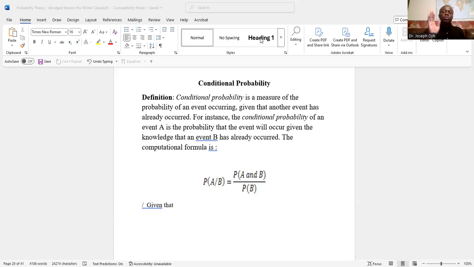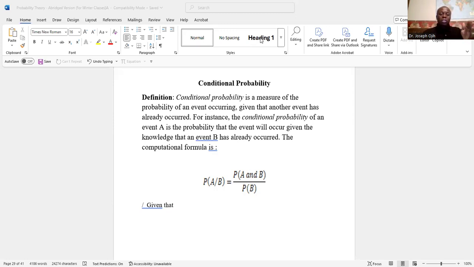That condition, we recognize it in statistics and we call it conditional probability. And that is our focus today, conditional probability. So the conditional probability of an event A, given that event B has already occurred.